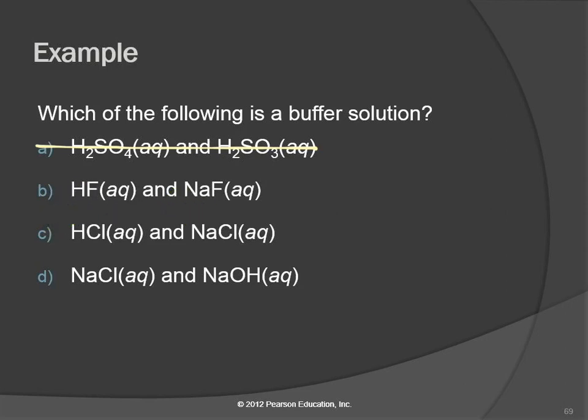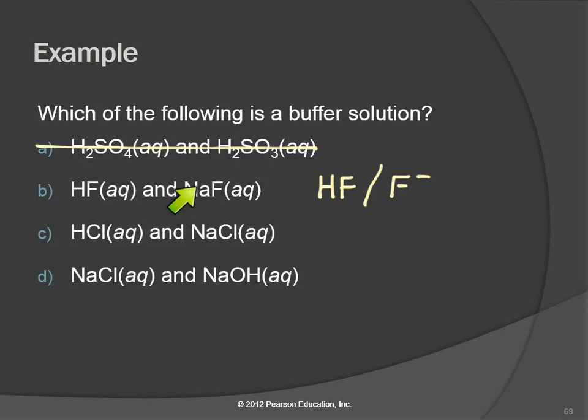Is this the conjugate base? Okay, so HF is the conjugate acid. When it loses a proton, what do we get? F minus, right? We take off H+, we're left with F minus.